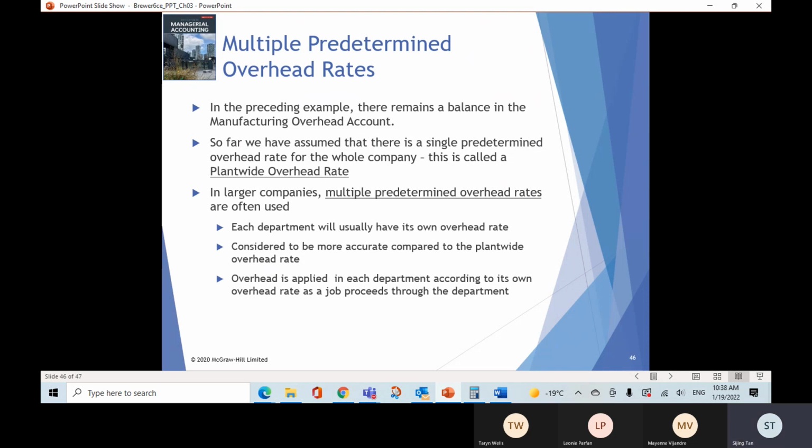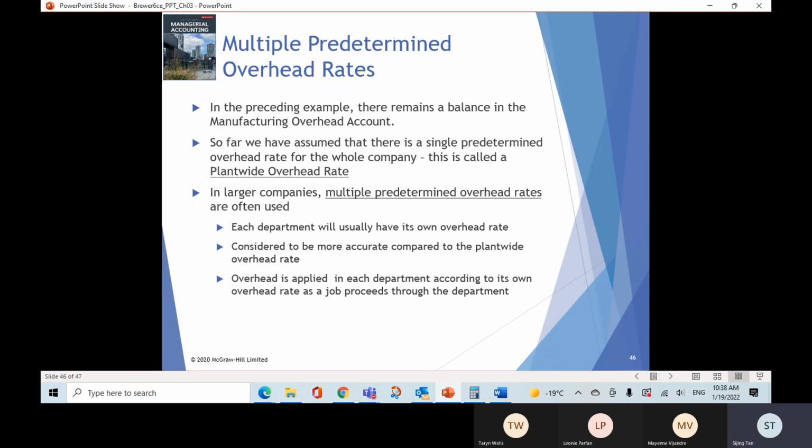So we are almost finished talking about the predetermined rate. I want you to understand that factory overhead must be estimated at the beginning of the production period. Therefore, there are most likely to be differences between actual and applied, right?